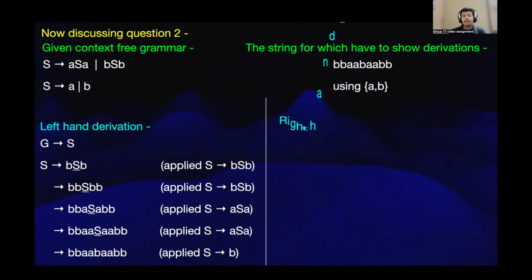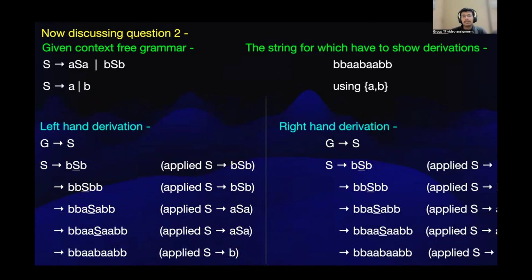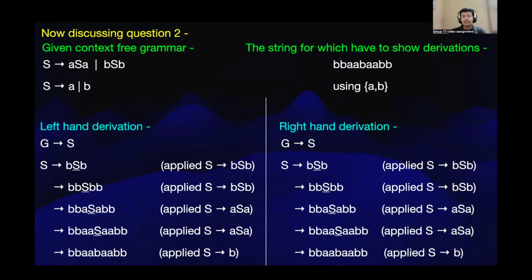Now similarly for right-most derivation, here also the goal gets converted to S, then S gets converted into BSB. It is interesting to note that S is both the leftmost non-terminal as well as the rightmost non-terminal.